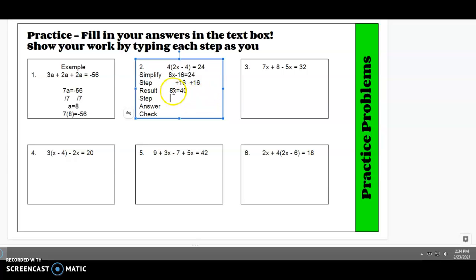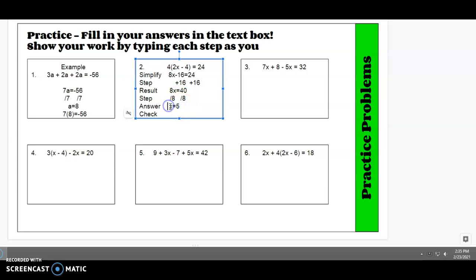This is 8 times x, so step is where we do the inverse operation. The operation is multiplication. The opposite of multiplication would be dividing each side by 8. 8 divided by 8 will give us that 1x, or x we need, equals 40 divided by 8 is 5.